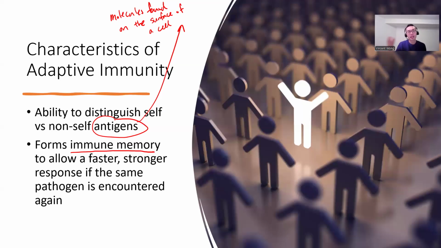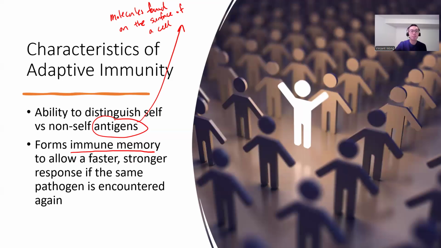And so next time you get infected by the same thing, either you won't get sick from it at all, or if you do get sick from it, it will not be as severe. You'll be able to fight it off much quicker because you already fought it off before. You remember how to fight it. One example is chicken pox. We only get chicken pox once. If you get chicken pox and you recover from it, or if you get vaccinated for chicken pox, you won't get chicken pox ever again.